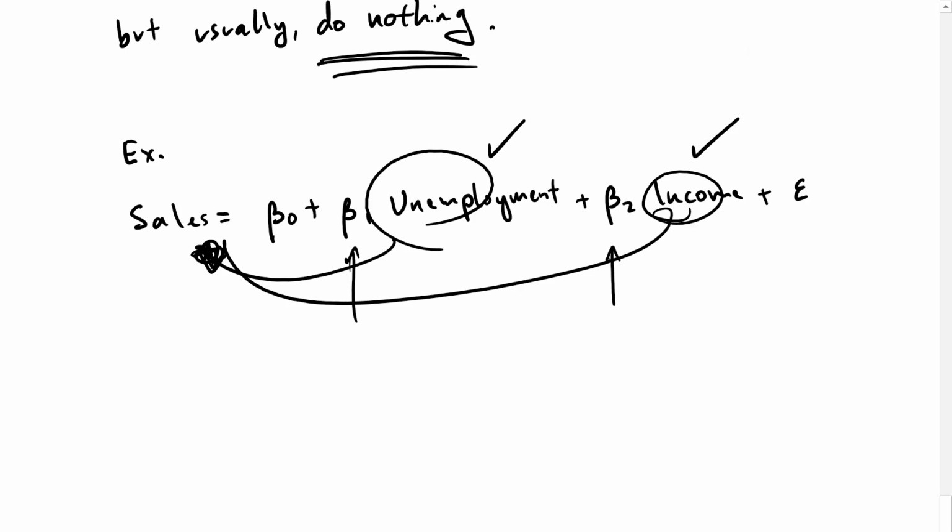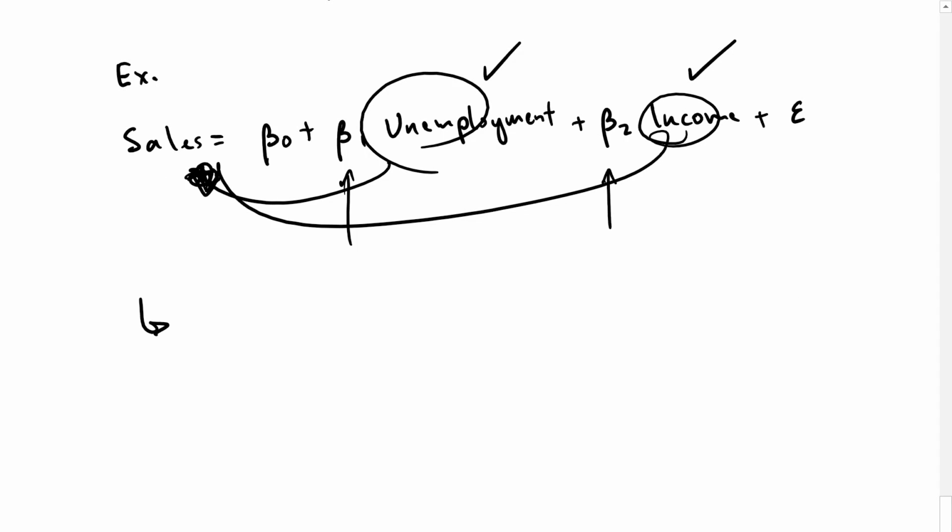But if you take it out, you're going to have an omitted variable bias, which I'm going to have an entire video on next. But let's write a couple things down about this.